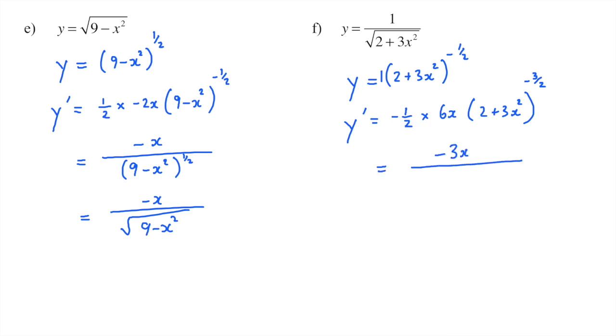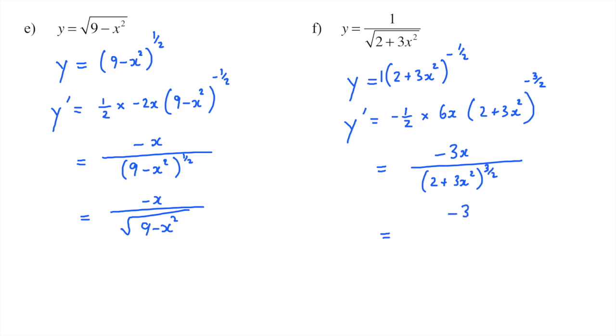over 2 plus 3x squared to the power of 3 over 2, because that was a negative power and I moved it to the bottom of the fraction. It becomes a positive power. Let's tidy it back up into its correct form.